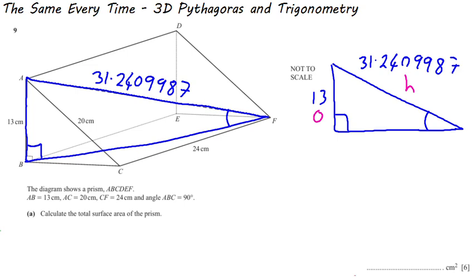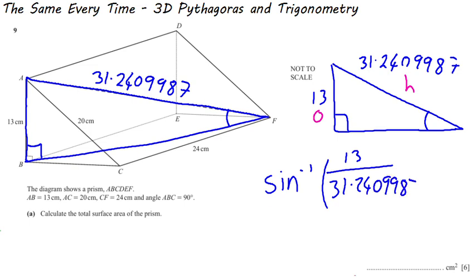So we're using sine, so the missing angle, or the angle they want, is going to be inverse sine of O over H, so 13 over 31.2409987. And that number is still on my calculator, so I can use my full calculator answer. So inverse sine of 13 divided by my answer.